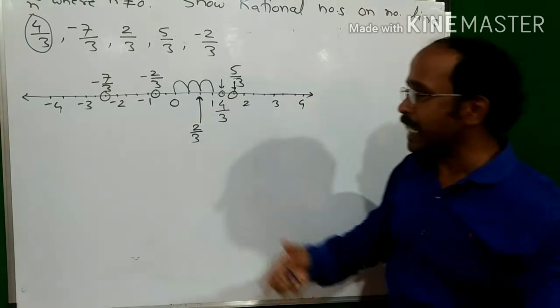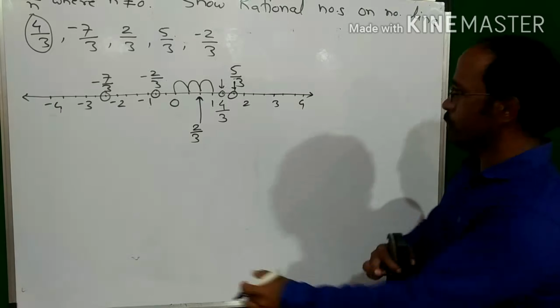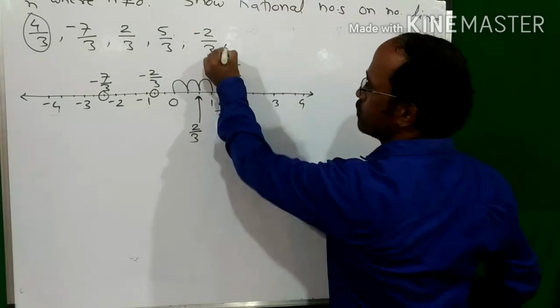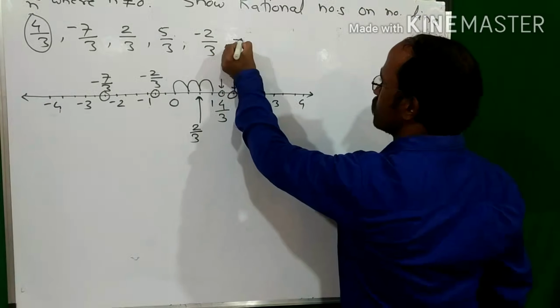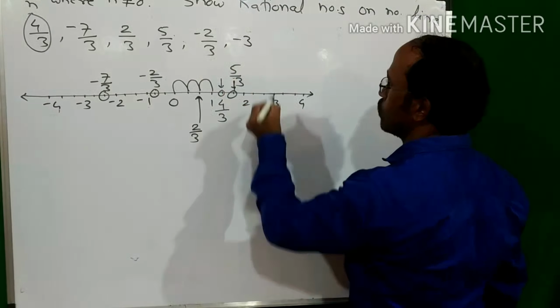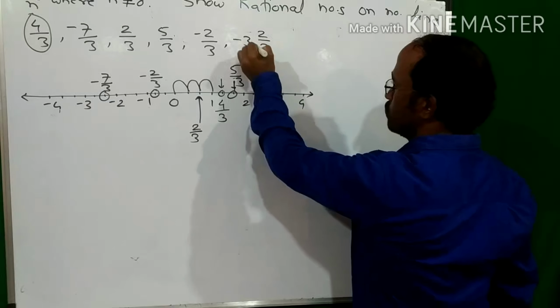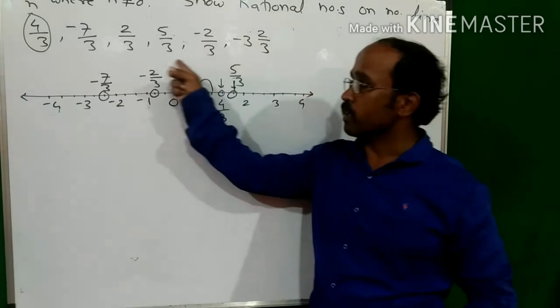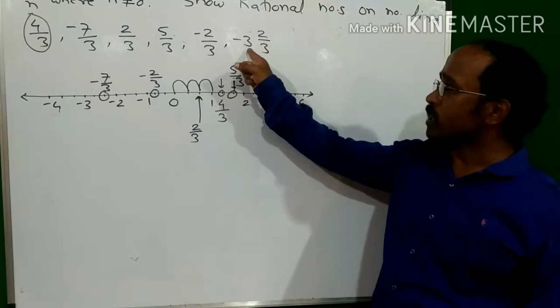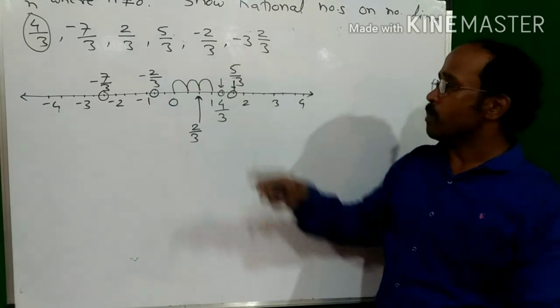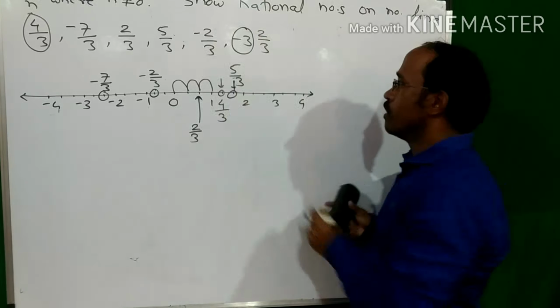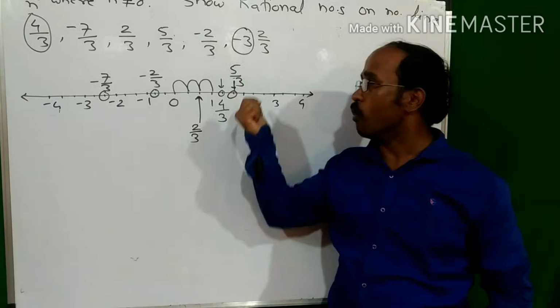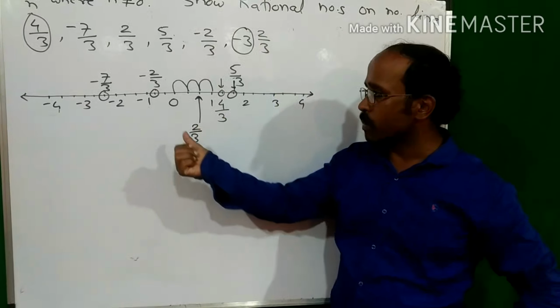Okay. Now what about the case of a mixed fraction? Suppose your question is minus 3 completed, 2 upon 3. Remember, the denominator needs to be the same. So which number is completed? Minus 3, meaning this is a whole number. So let's search for the whole number minus 3. Where is the whole number minus 3?